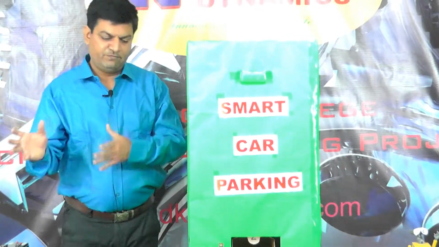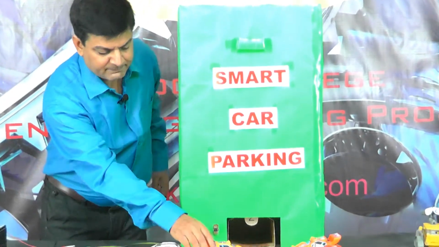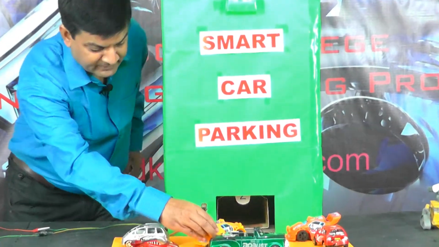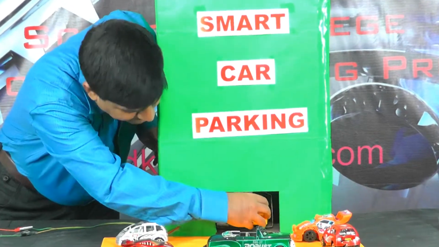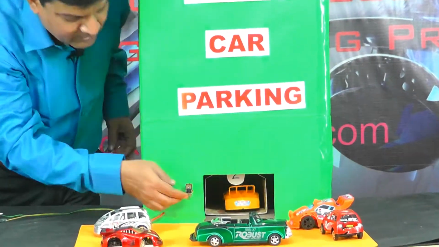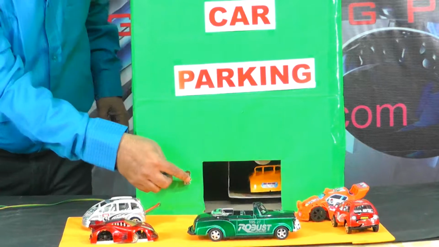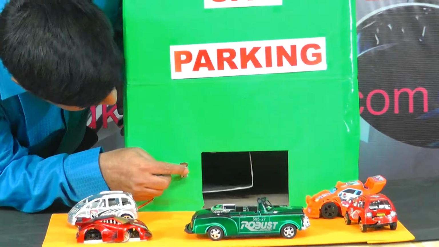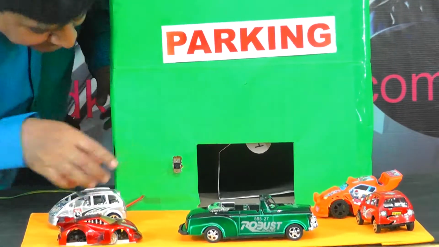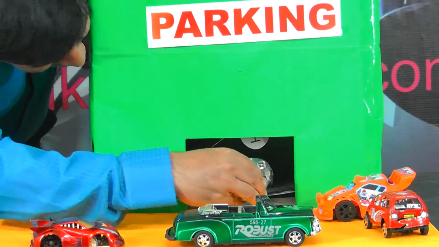Suppose your friend comes with your car and places the car in the cradle number 1. This is cradle number 1. And now your next friend comes with a car and places the car in cradle number 2.